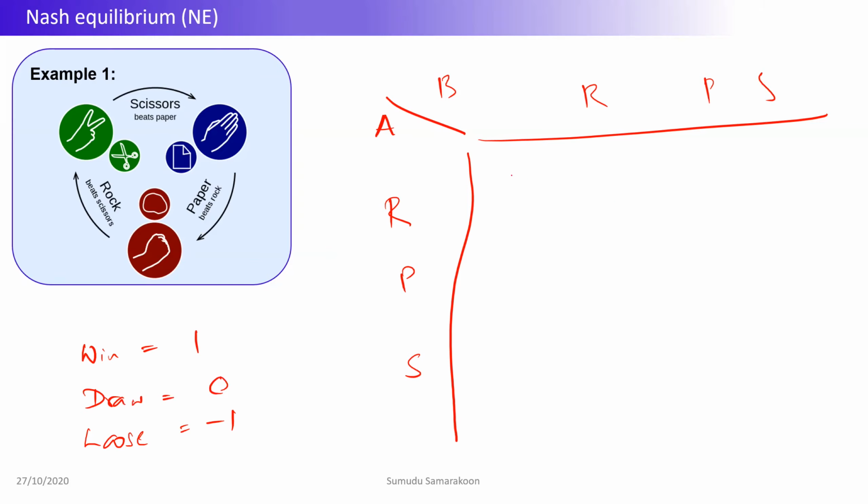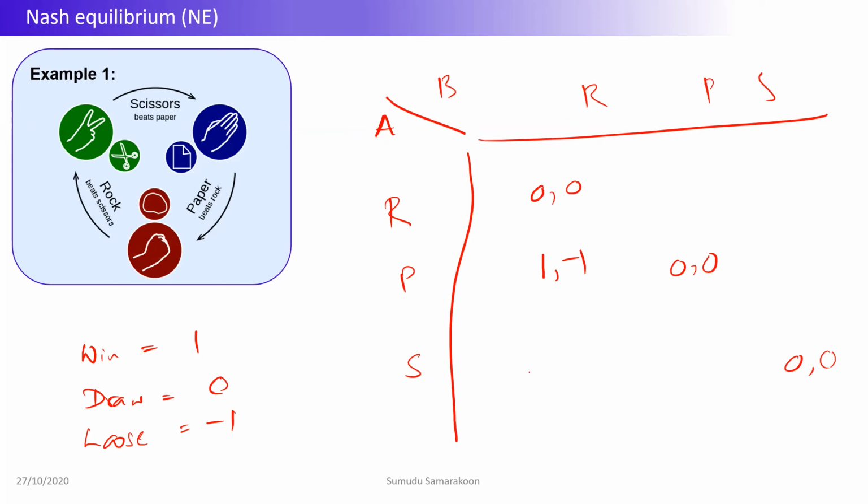Now we know in terms of player A and B, when they make the same choices, it will be a draw, right? So they will get 0s. 0 reward for playing the same action at the same time. Now let's say B plays rock and A plays paper, it means he's going to get 1 while B is going to get -1.